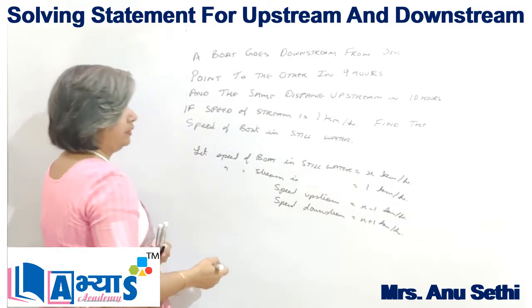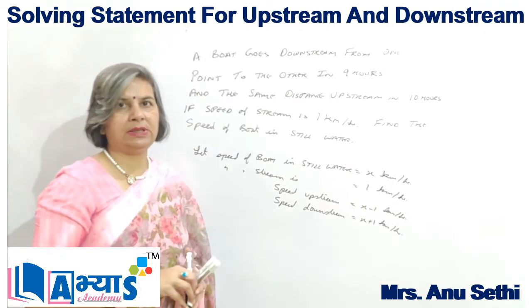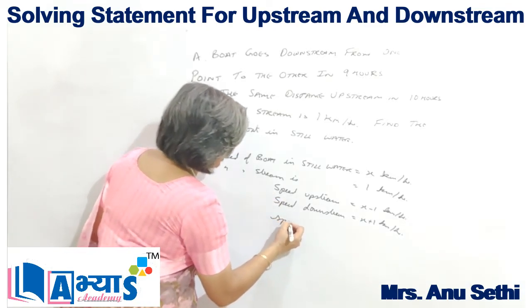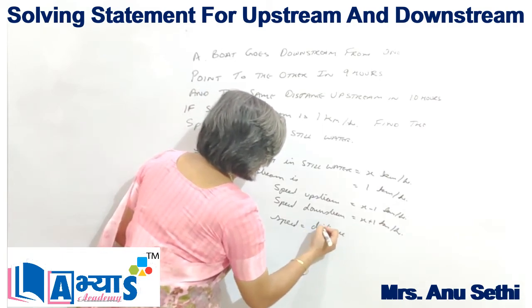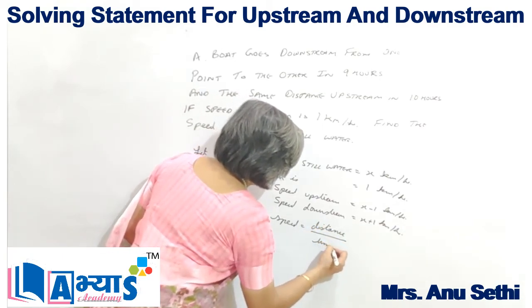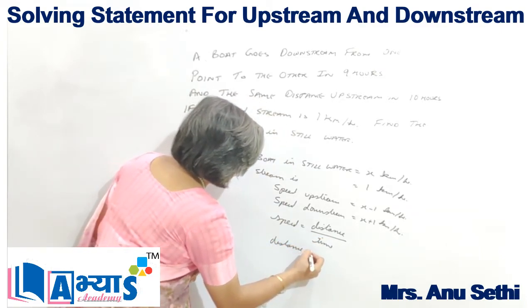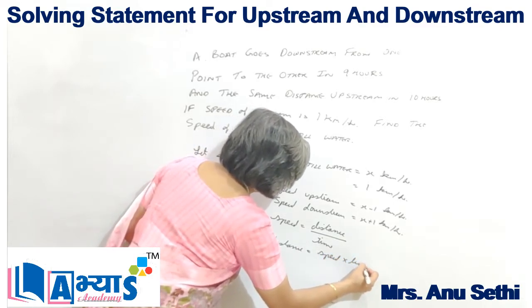Now, as we are given the number of hours that the boat is taking, we will find the distance. That means now the formula is speed is equal to distance upon time. So we can say that distance is equal to speed into time.